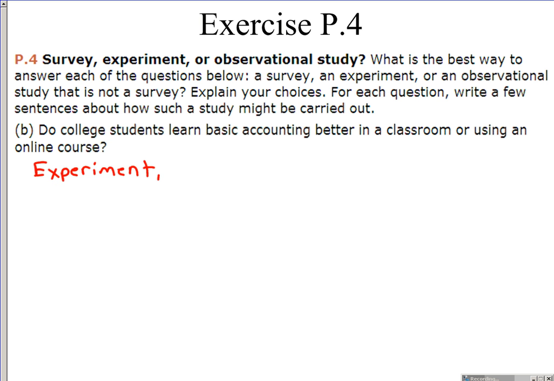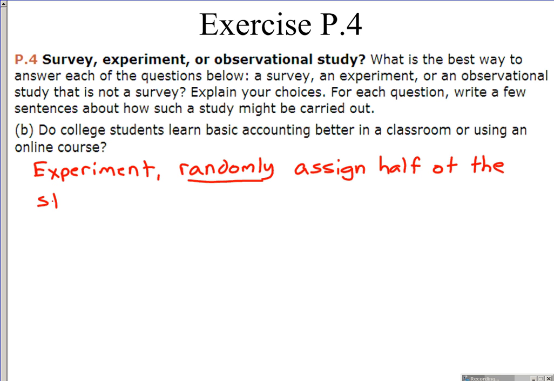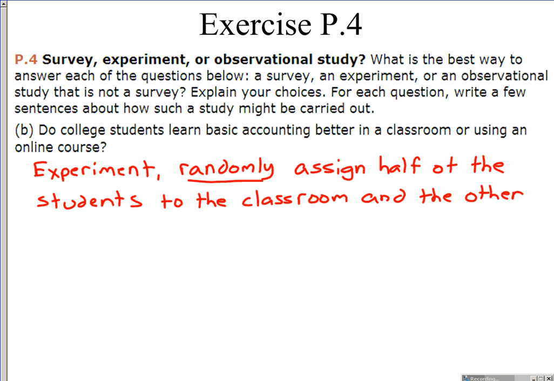And in an experiment, this is a keyword that you're going to see anytime you're talking about experiments, you would randomly assign half of the students to the classroom and the other half to the online course.